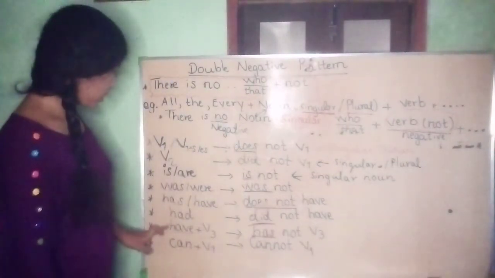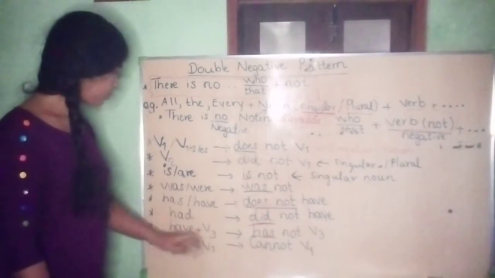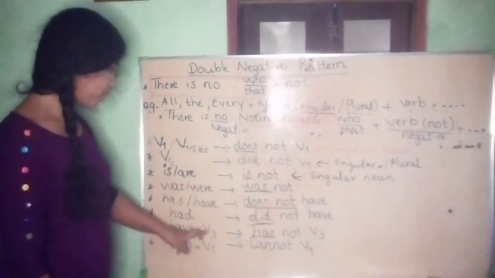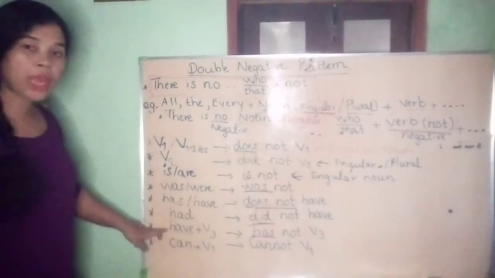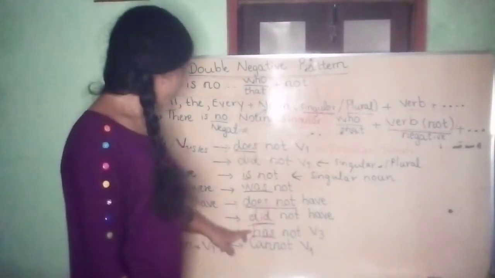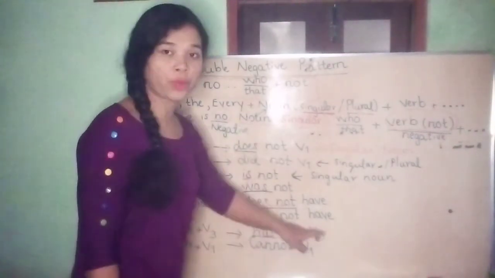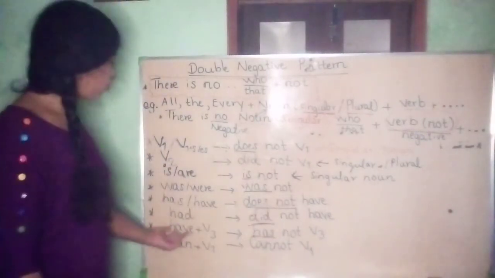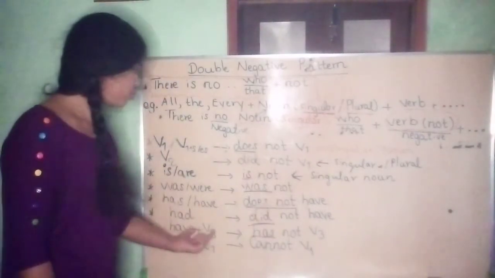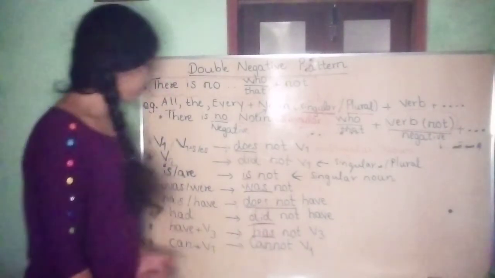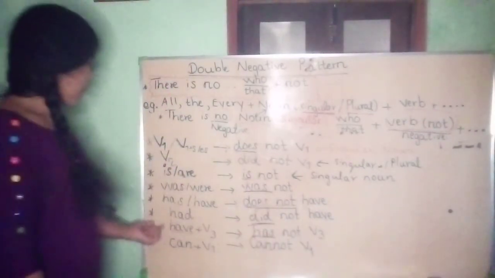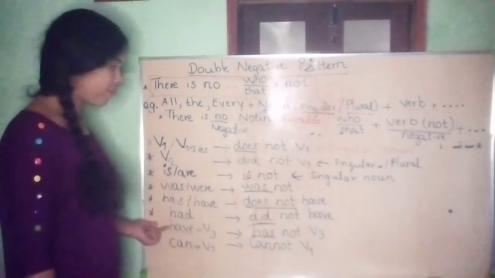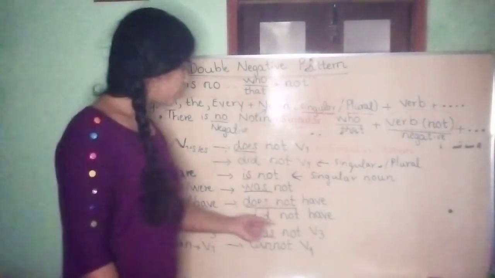If you see have to, you need to change that into has not to. You have to change have into has. Have is the plural form of have. Has is the singular form of have.